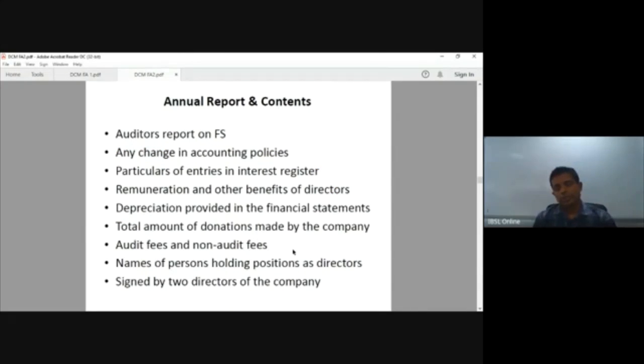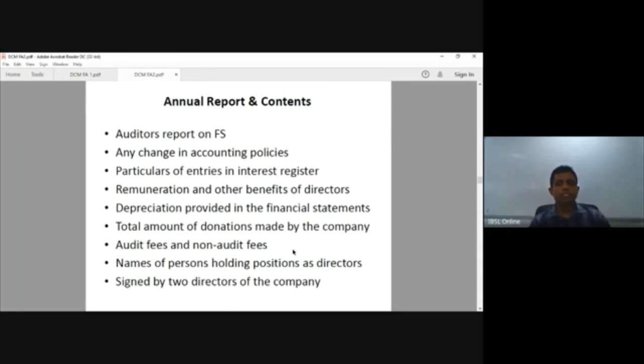Normally, once the auditor audits the financial statement, they will give an opinion, right? Their opinion is written in the report that is called auditor's report, whether the company is in fair presentation and the financial statements are true and fair. They have to express an opinion, right?